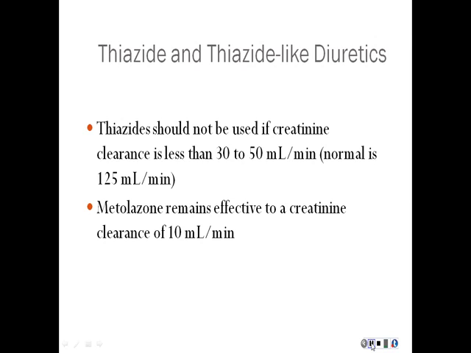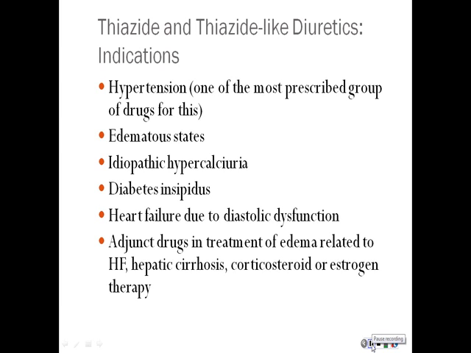As mentioned, I think it's important to keep in mind that as renal function diminishes or is getting worse, then the efficacy of these types of drugs is also diminished. But with metolazone, this type of thiazide diuretic can be effective even when renal function is not at its best.